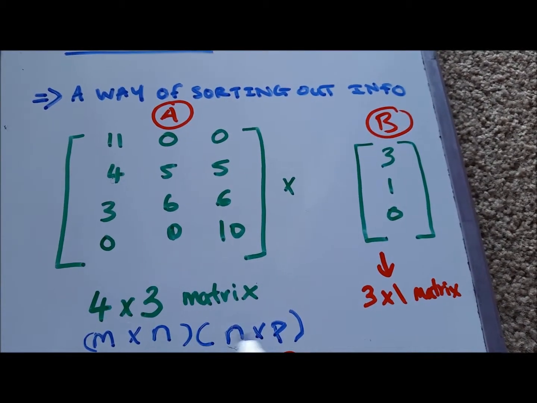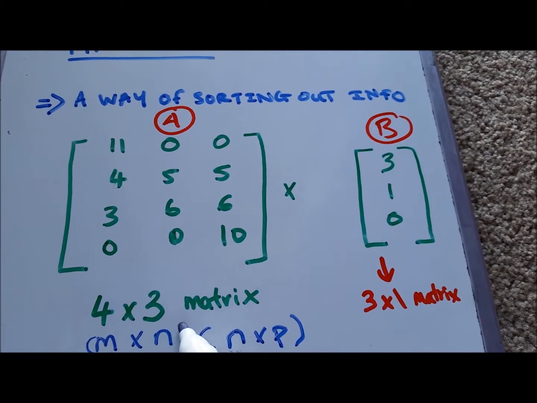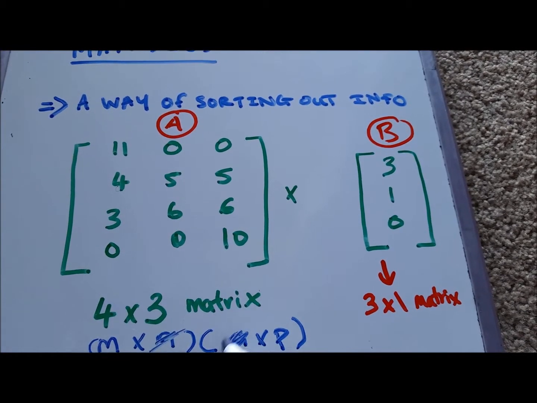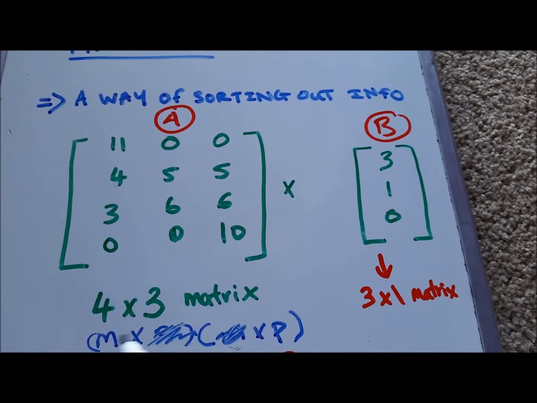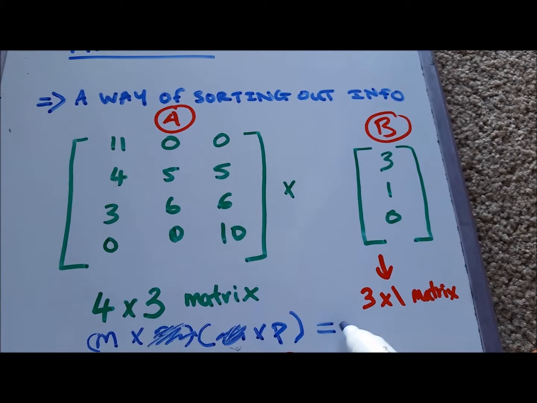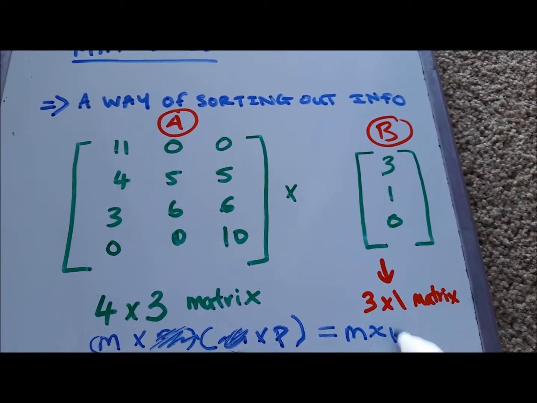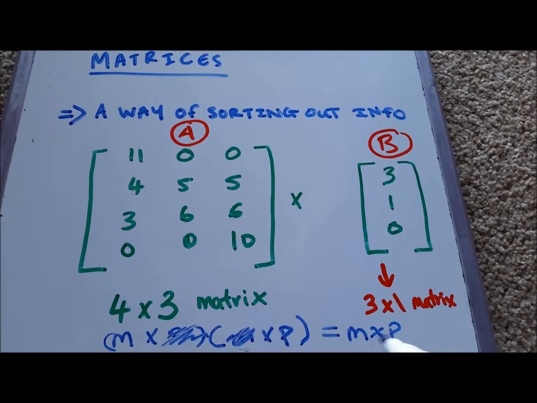The general rule is that we just cross out the 2 middle numbers, so we would be left with M times P.